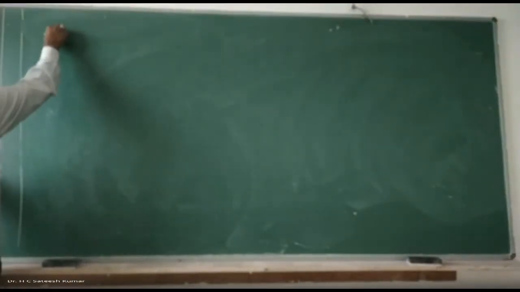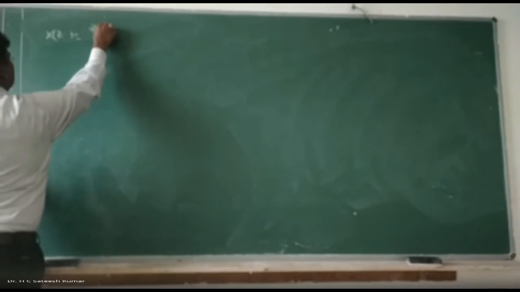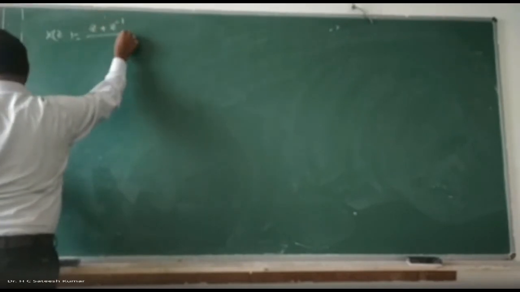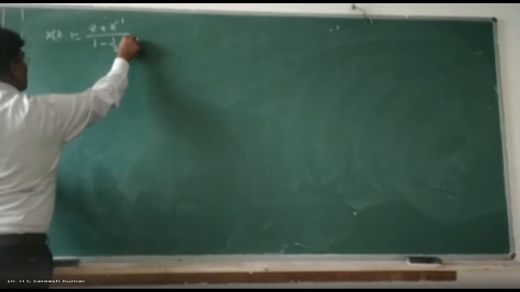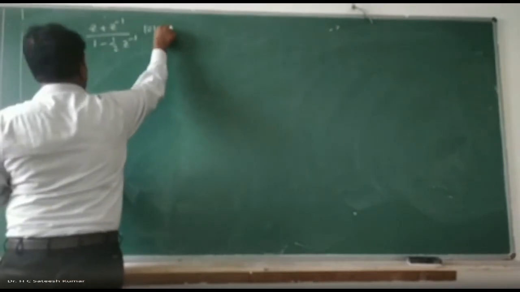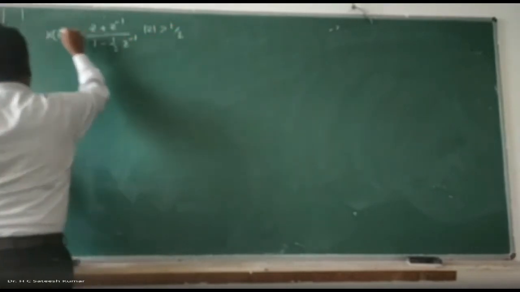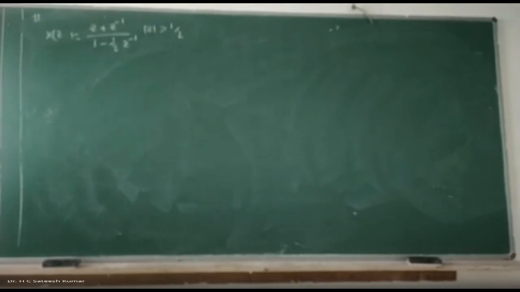X of z is equal to z plus z to the power of minus 1 divided by 1 minus half z to the power of minus 1, with ROC mod z greater than half. This is another examination problem. So how to solve this one?